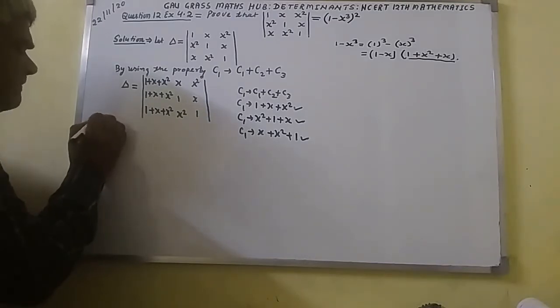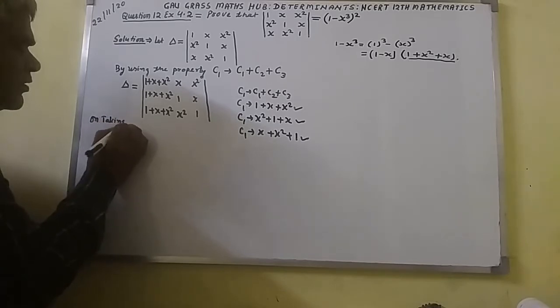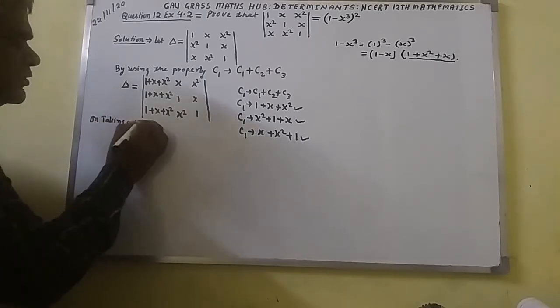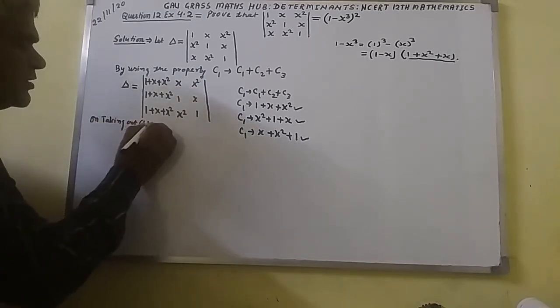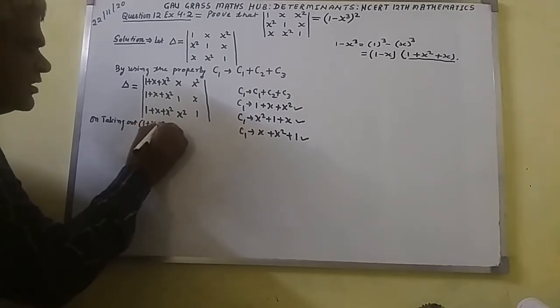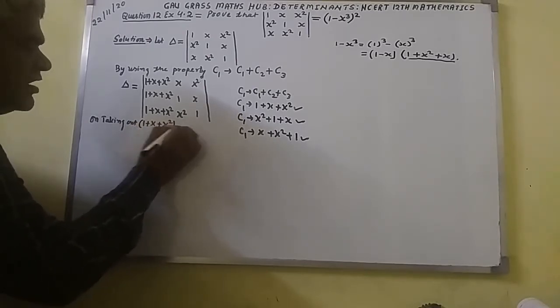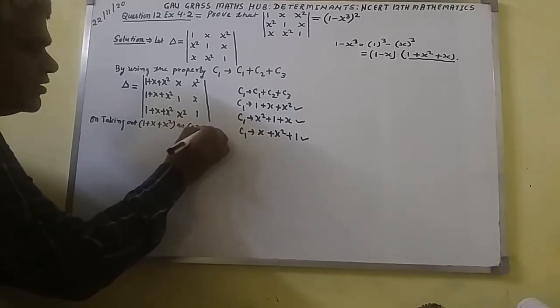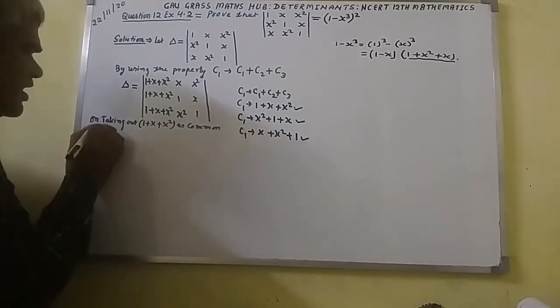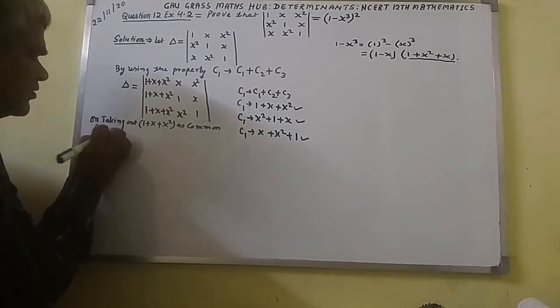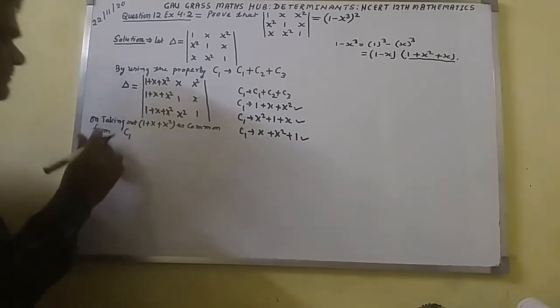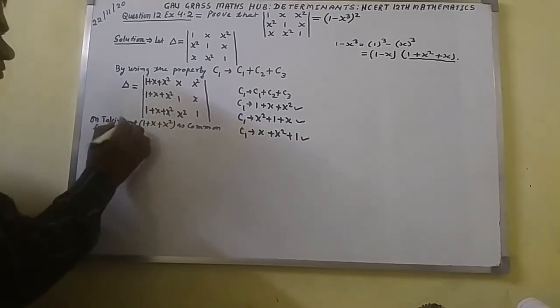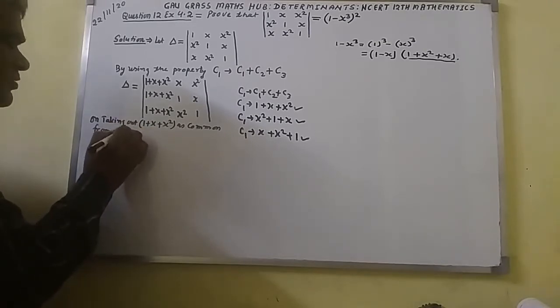I am taking out 1 plus x plus x square as common from C1.